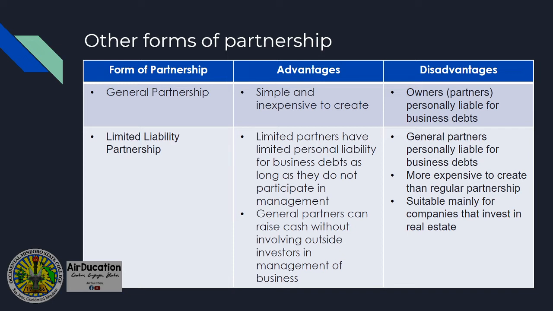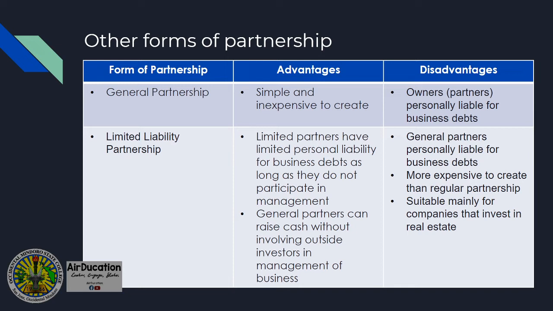The disadvantage of this is the owners are personally liable for the business debt since you have decided to equally contribute to the business. So you are personally liable for business debts.